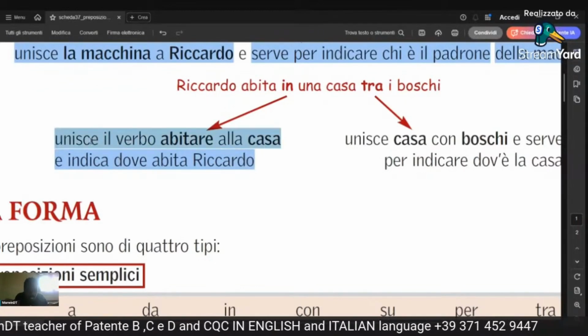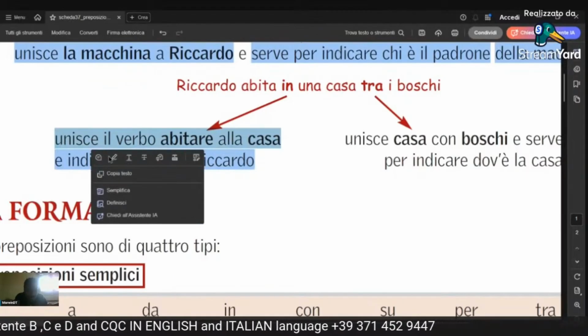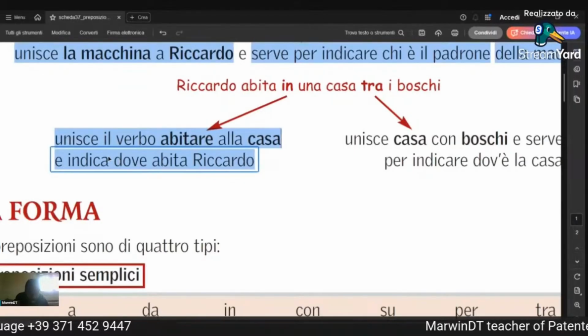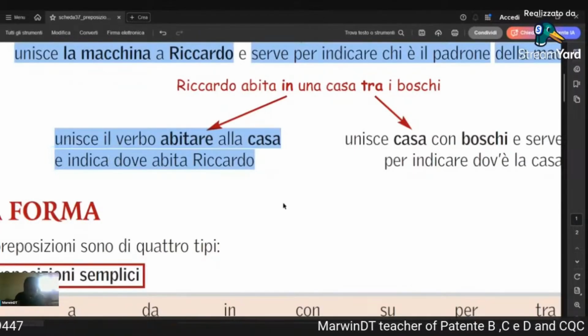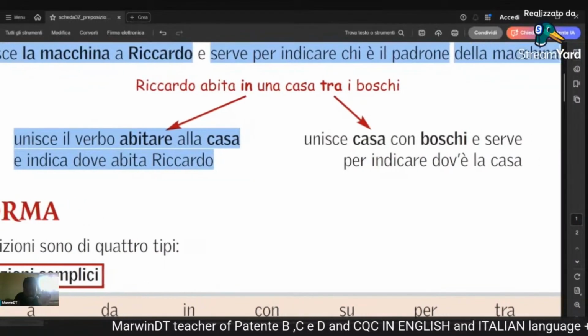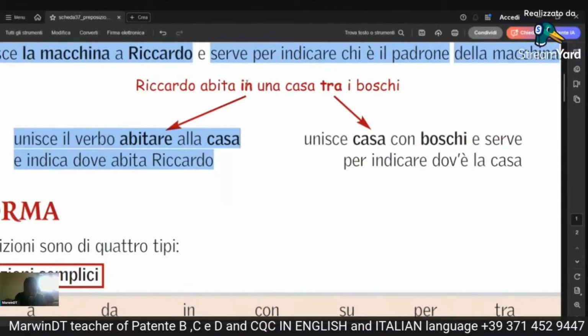So it unites the verb abitare, to live, and the fact that Riccardo lives in a specific place. This is what in is telling us.